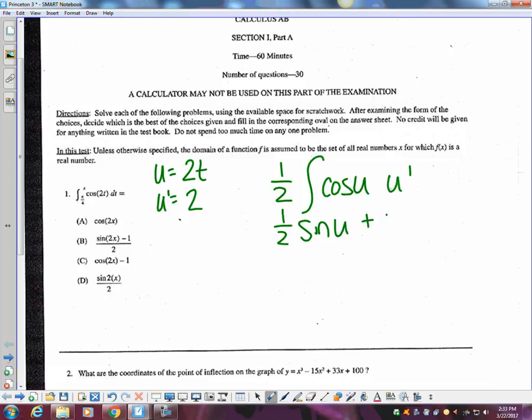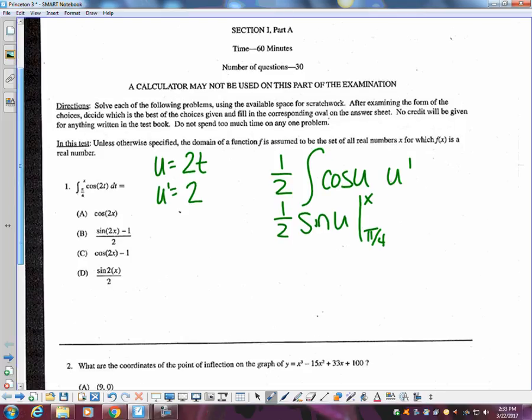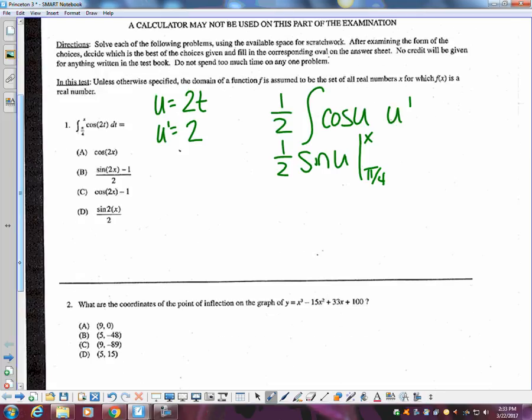Not plus c, because I have a definite integral from pi over 4 to x. And yeah, it's weird to have an x in your integral, but that's okay. So hold on, let me plug my u back in. So 2t from pi over 4 to x. Okay, so I'm going to plug my x in first.